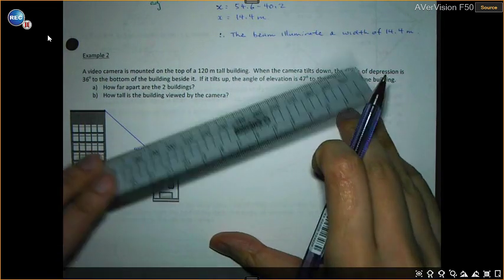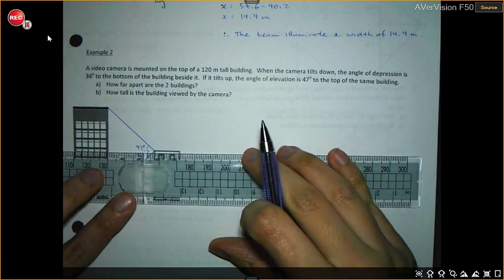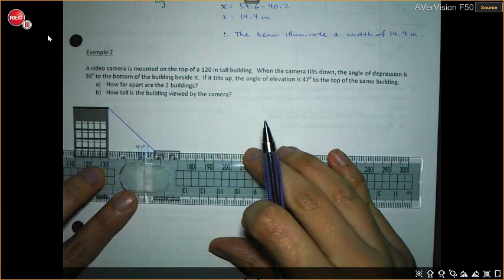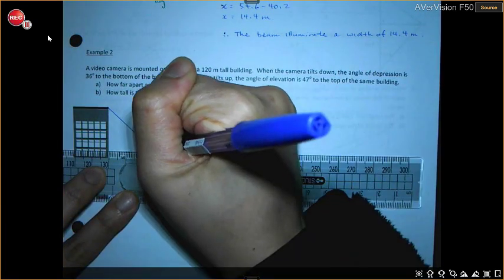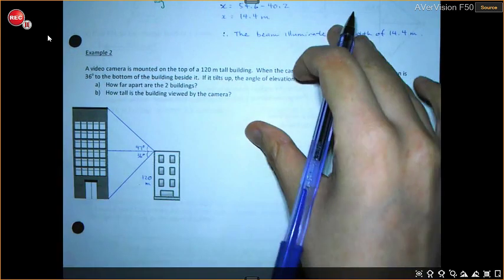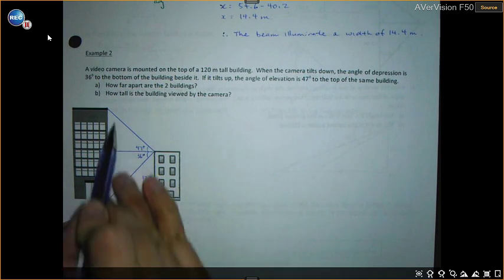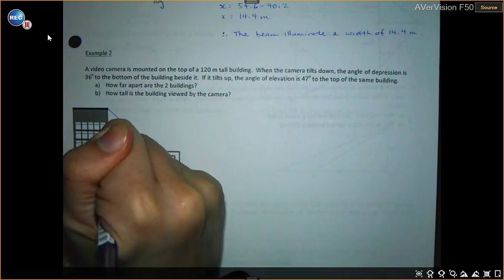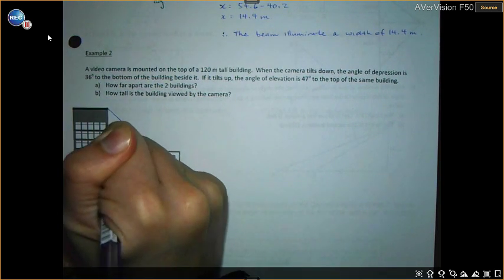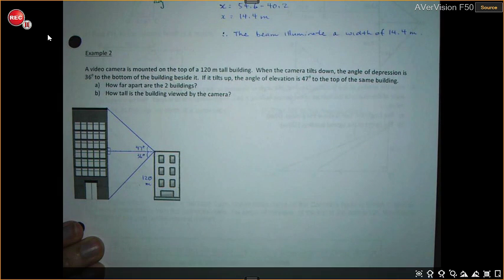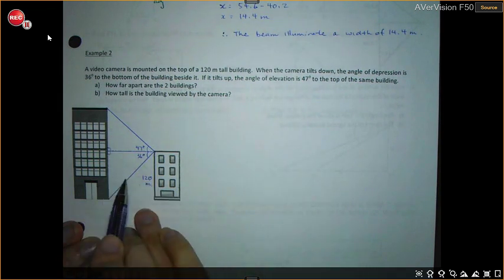So part A asks us to find how far apart the two buildings are. If I just draw this line all the way to the end of the next building, we're assuming that the building is not tilted, so it's going to be making 90 degrees with the horizontal. Okay, so here we have two right triangles.